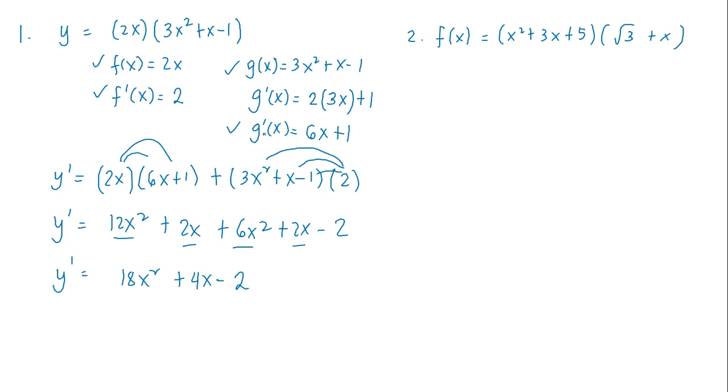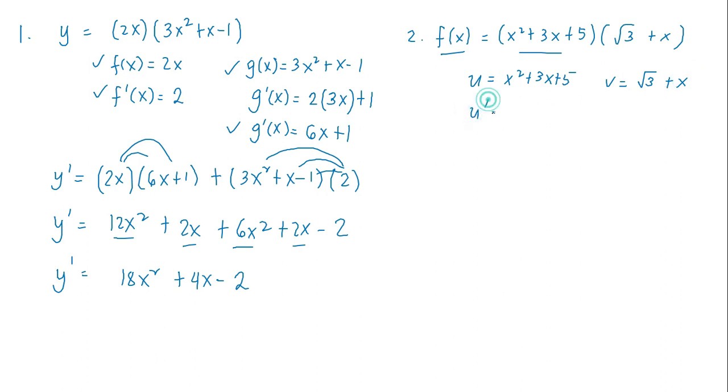So dahil ang pangalan ng function ay f of x, hindi ko na ito papangalanan na f of x din. Pwede tayong gumamit ng letters na lang. For example, u and v. Okay? So we have u is equal to x squared plus 3x plus 5, while v is equal to square root of 3 plus x.